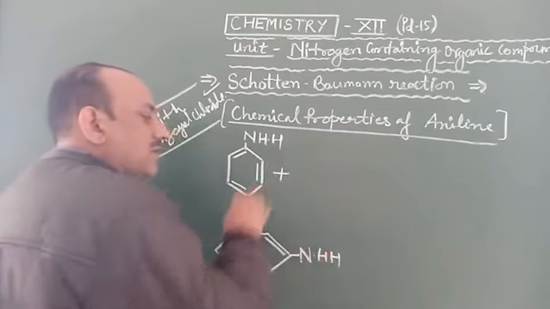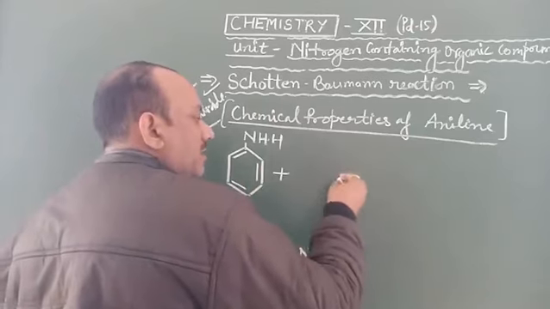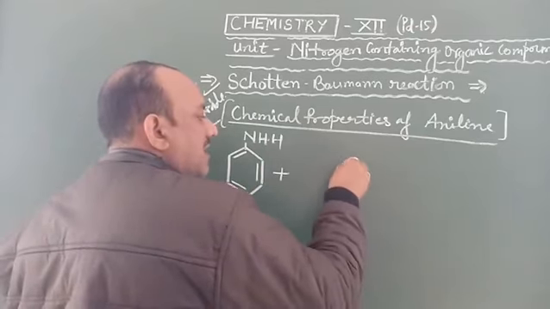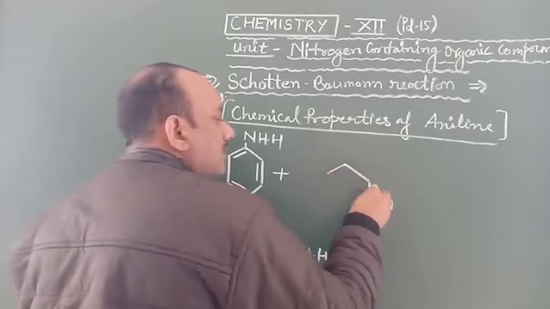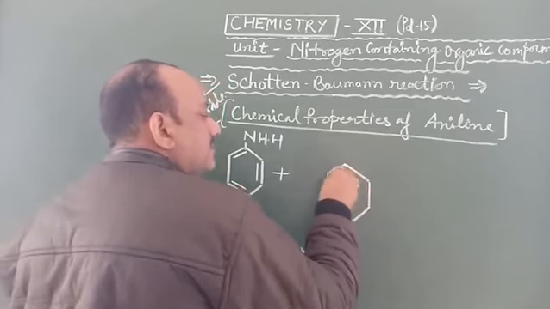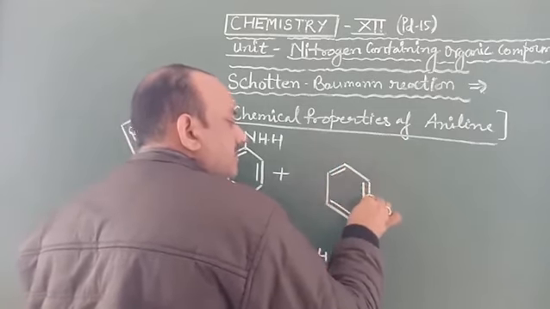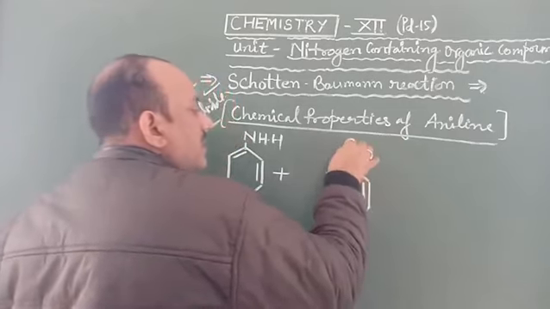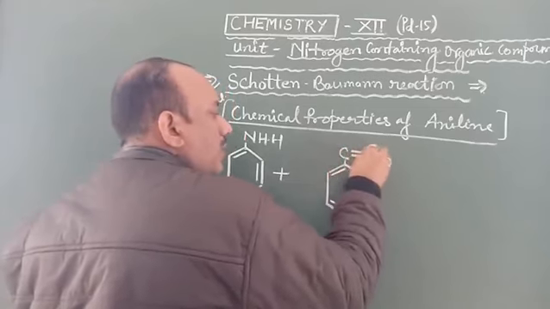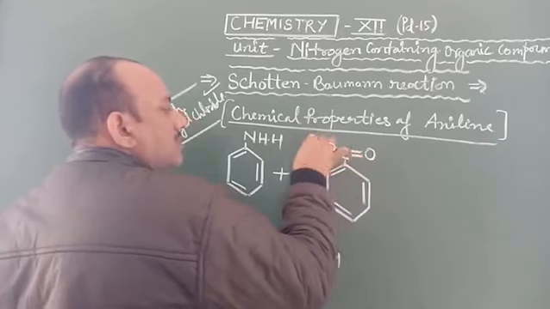It reacts with benzoyl chloride. The formula of benzoyl chloride is C double bond O and single bond Cl.